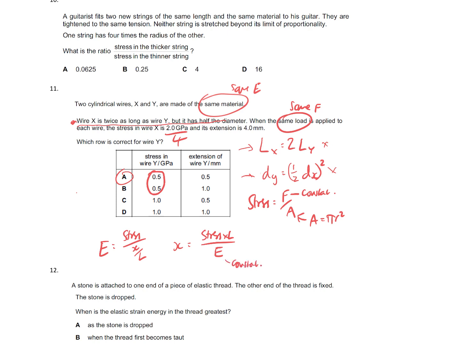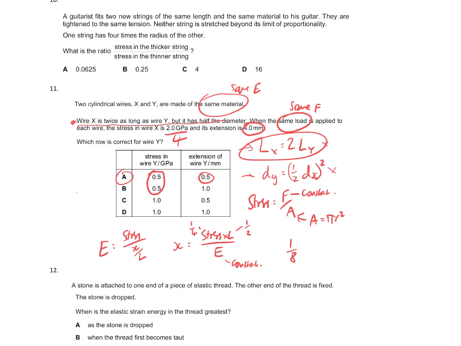So what happens to the extension of y? Well, we know the stress is a quarter, so a quarter goes in here. We also know the length of y from up here is half the length of x. So relative to x, expect it to be a quarter and a half, i.e. an eighth of the extension, given that E is constant. So 4 divided by 8 gives me 0.5, so that gives us our answer.